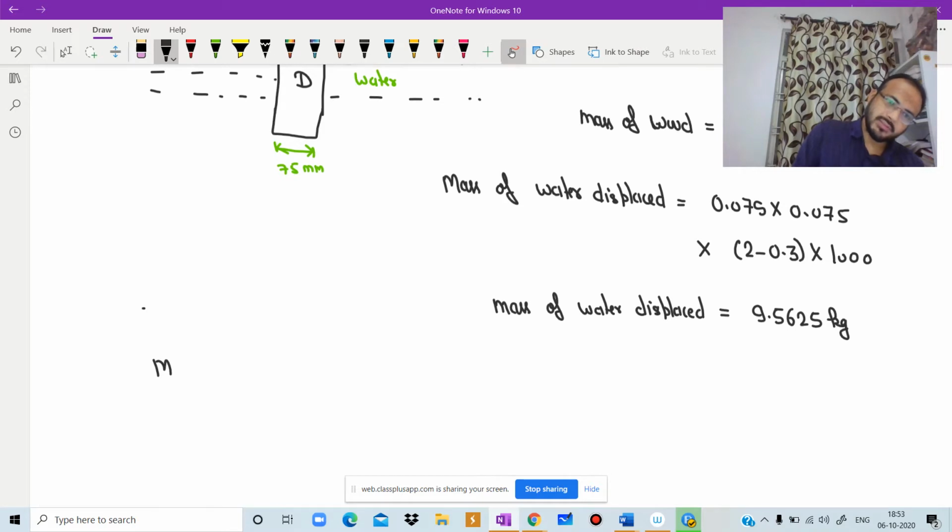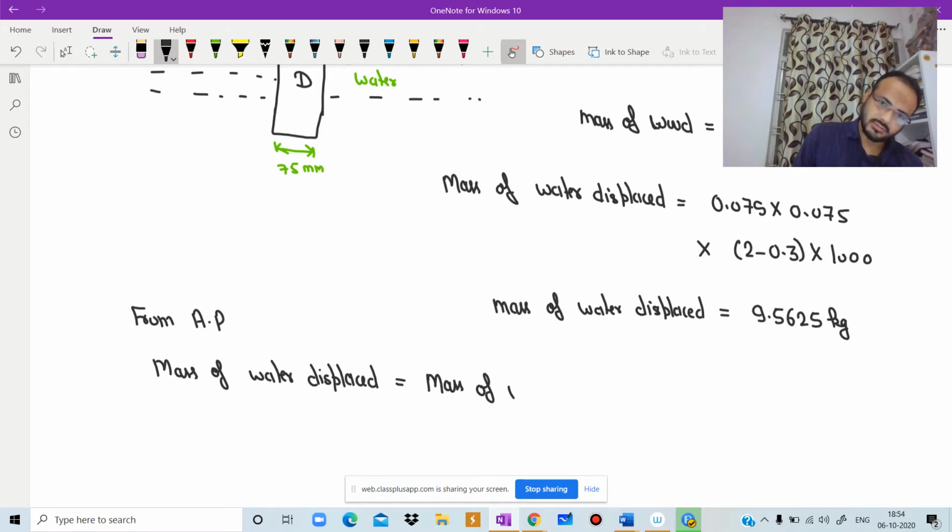So from Archimedes principle, weight of water displaced, g and g will cancel out. The weight of water displaced would be equal to the mass of wood plus mass of lead block.